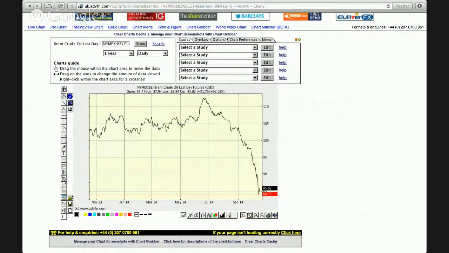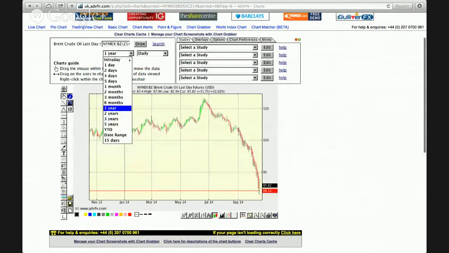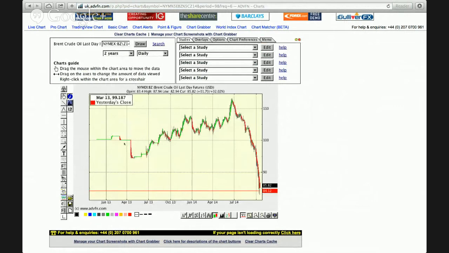Let's see, can I do the candlesticks on this? Okay. And I'd like to go a little bit out. If this is a futures market, we're not going to have a huge amount of historical prices regarding these futures. So it only begins at a certain level, and that's all we can really work with unless we're dealing with spot prices.